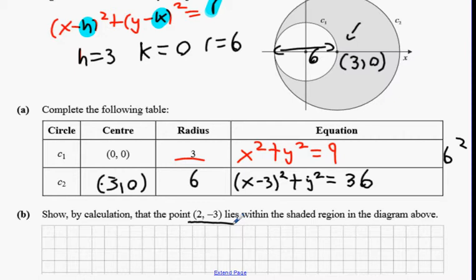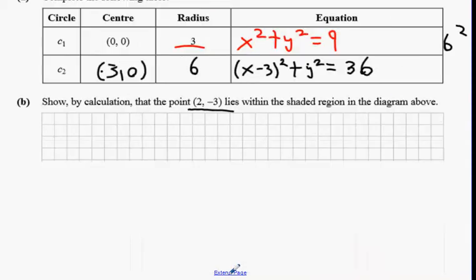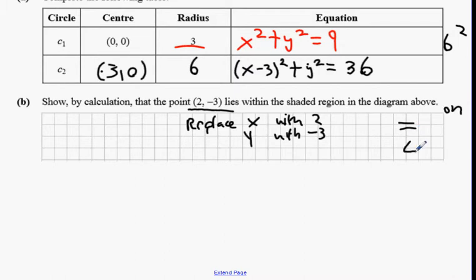What you do is simply replace x with 2, replace y with minus 3 for whatever circle you want to test. If it balances, it's on the circle. If it's smaller than, it's inside. If it's greater than, it's outside.